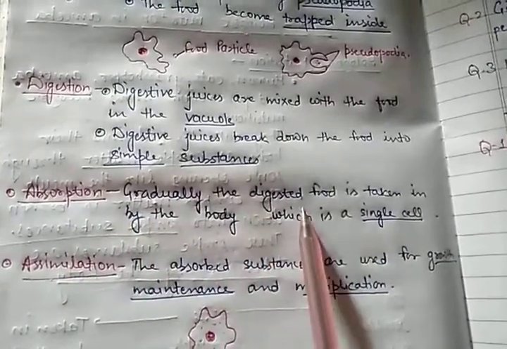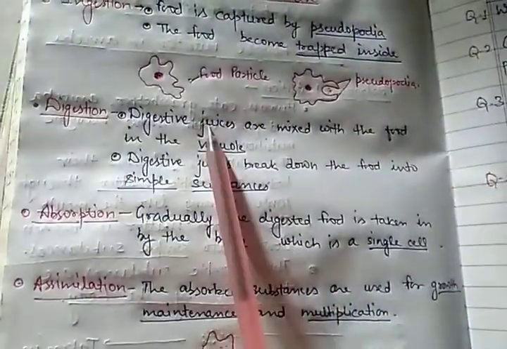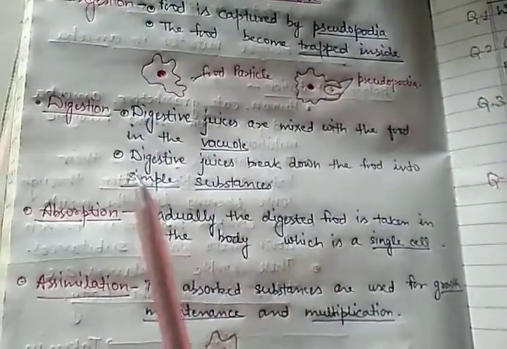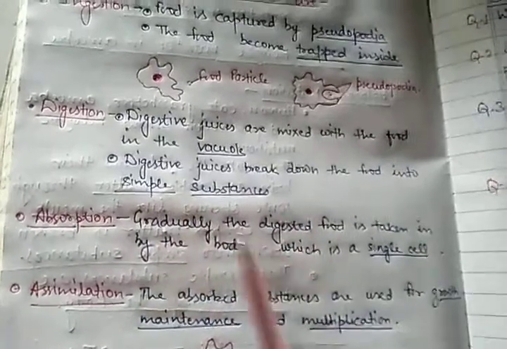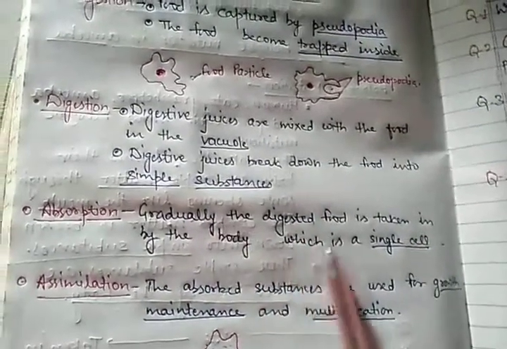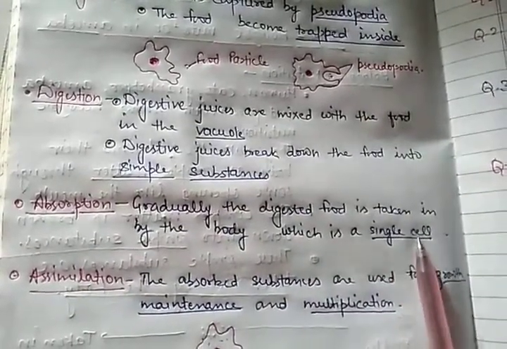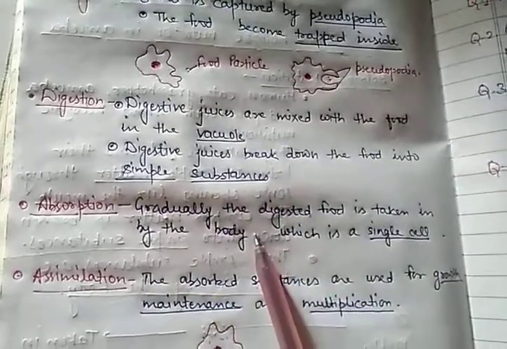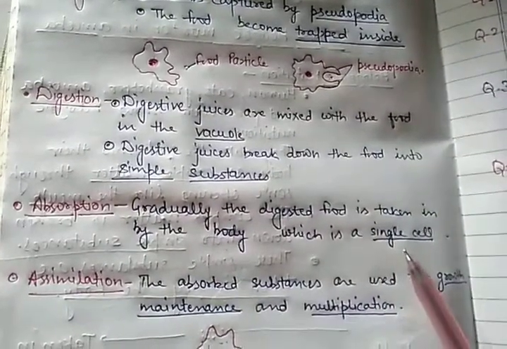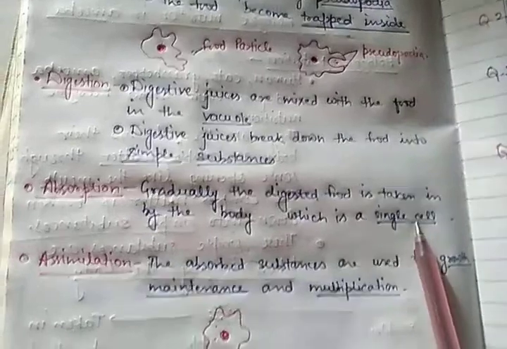Gradually the digested food is taken in by the body, which is a single cell. The important nutrients mix into this single cell of the amoeba.